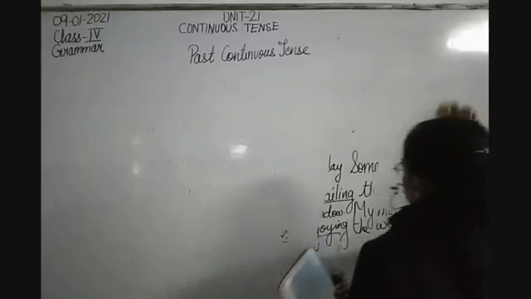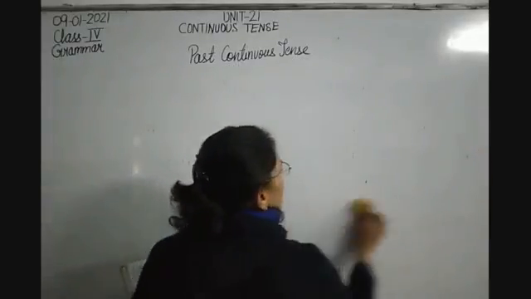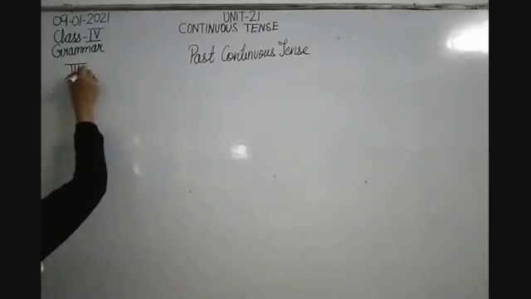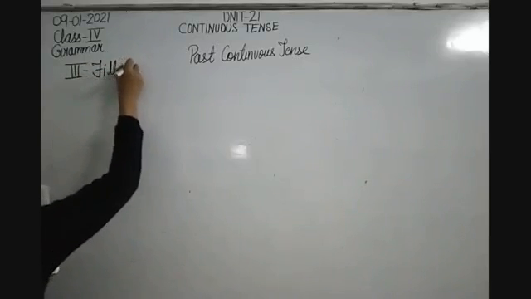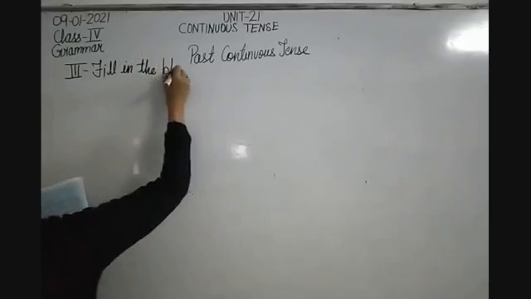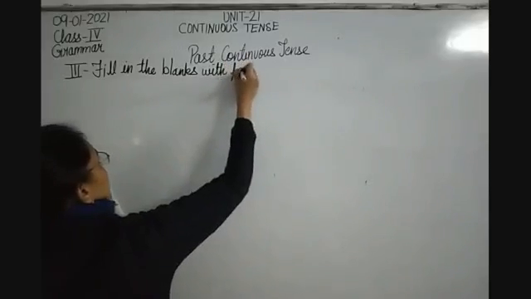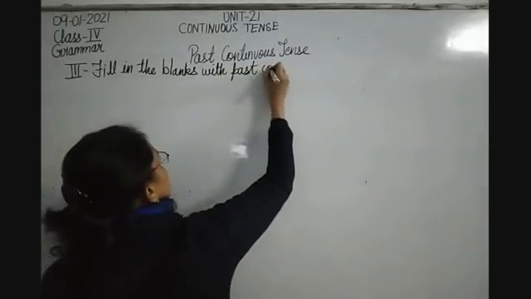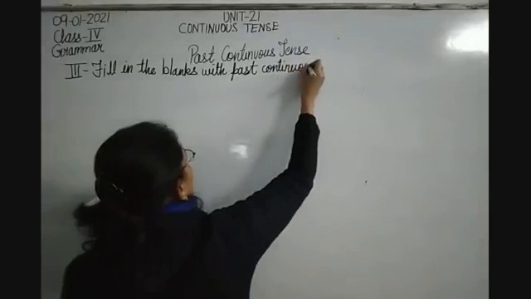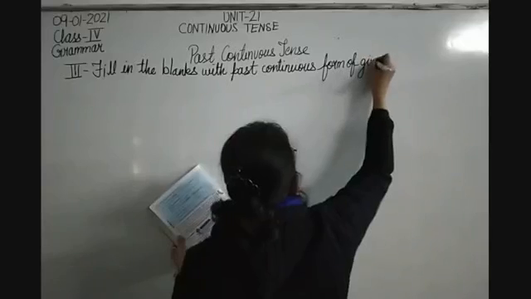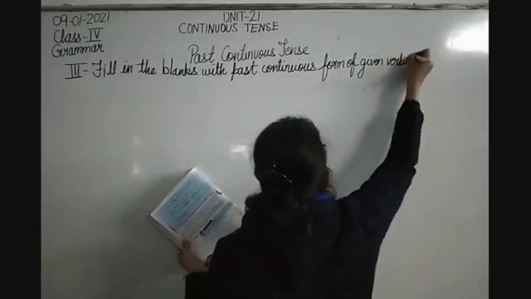Now I start with exercise 3, that is: fill in the blanks with past continuous form of given verbs.